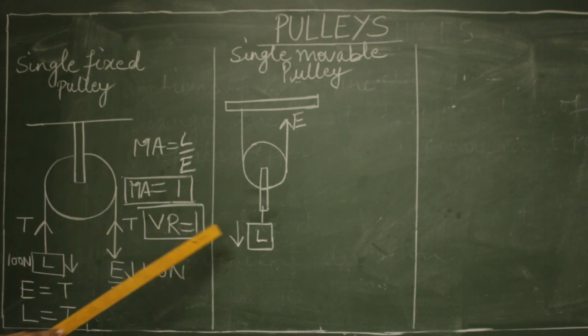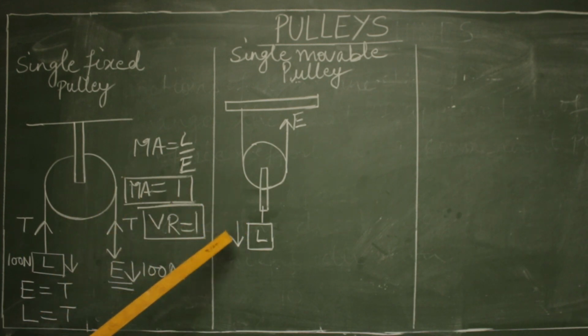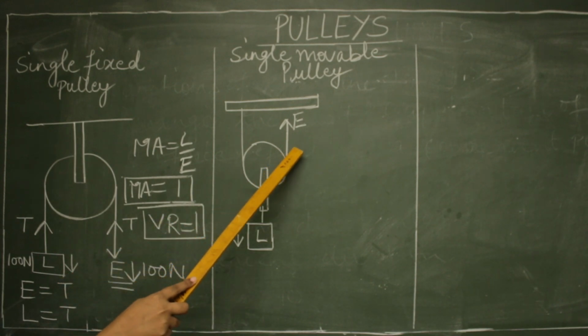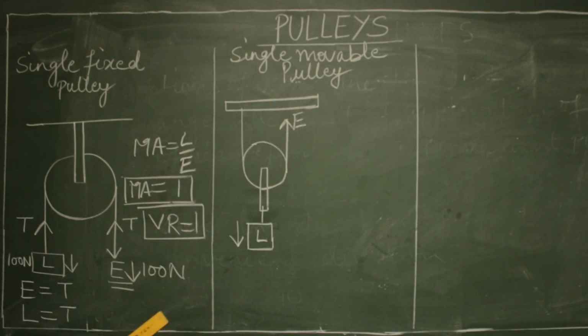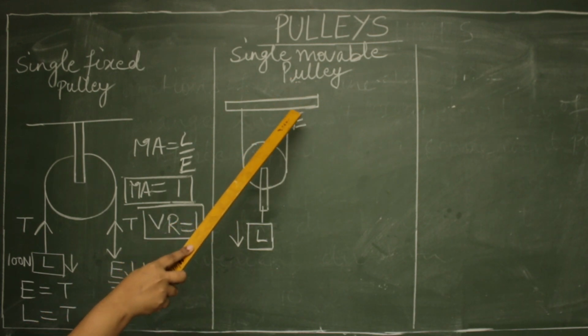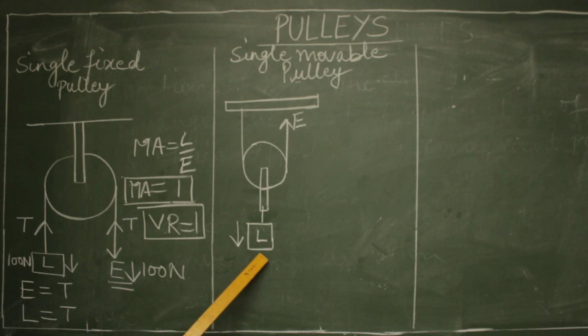The second difference in the diagram you can observe is that the load in the first case was connected to the rope, but in the second one it is connected to the pulley itself. The third difference is that the direction of effort in the first one is towards gravity, but in the second one it is against gravity. That means you will have to pull the rope upwards in order to lift the load.